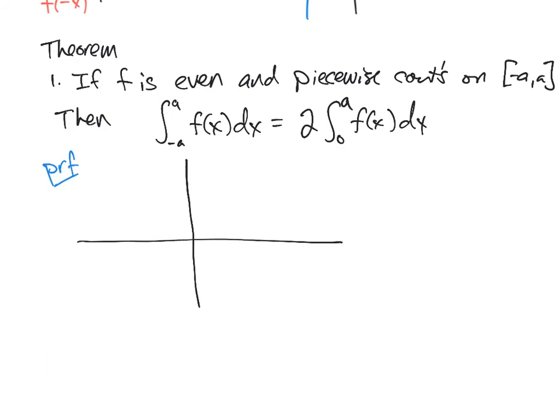Got our axis and we've got our a and negative a. And now let's draw our even function. So it's doing whatever it's doing on the right-hand side, and then it's doing the same thing over on the left-hand side. Pretend that that's actually symmetric. And we want to integrate it from negative a to a.